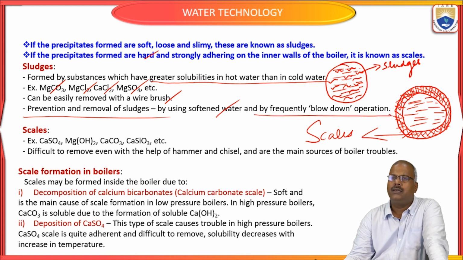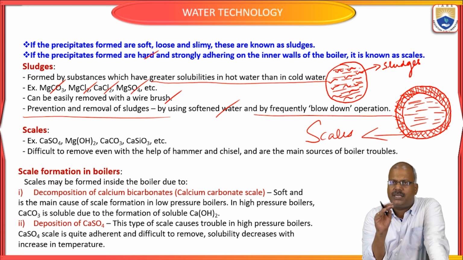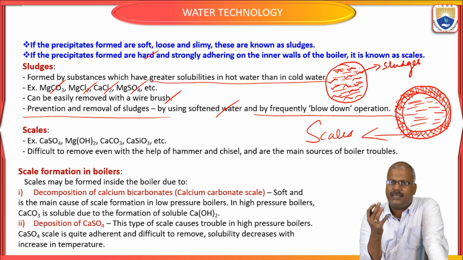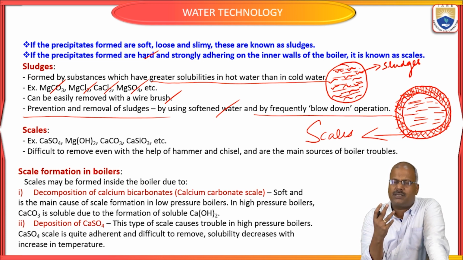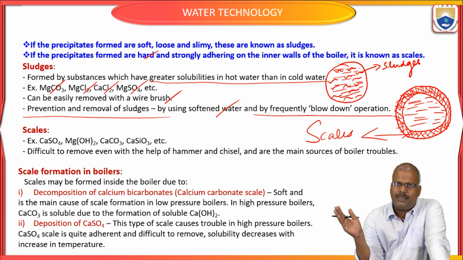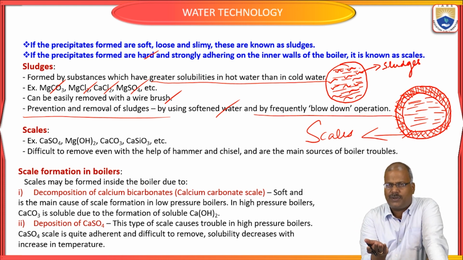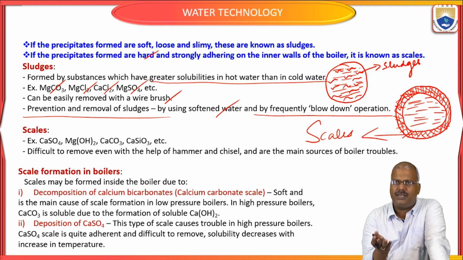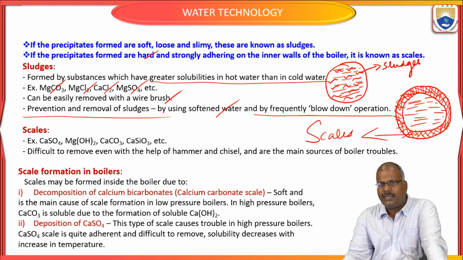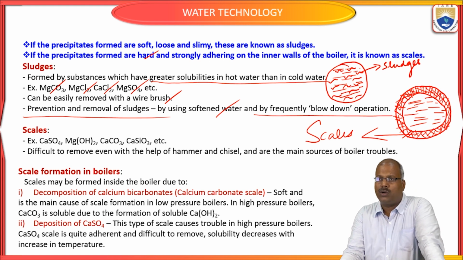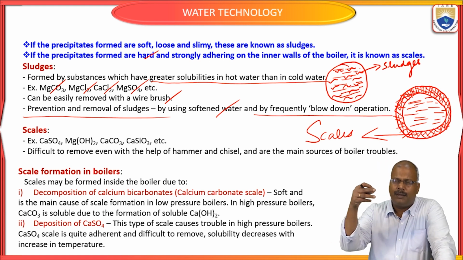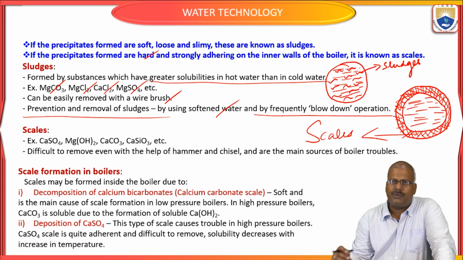That means when the water level is below a certain level in the boiler, it contains a lot of concentrated salts. You better throw that out, fill the boiler with fresh water, and start getting the steam again. That is called blow down operation. Or you can have a pipe in the lower portion of the boiler.